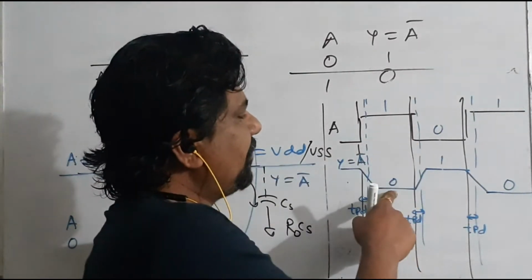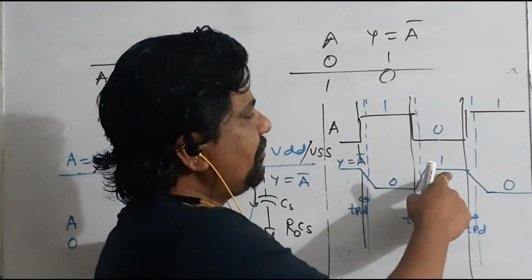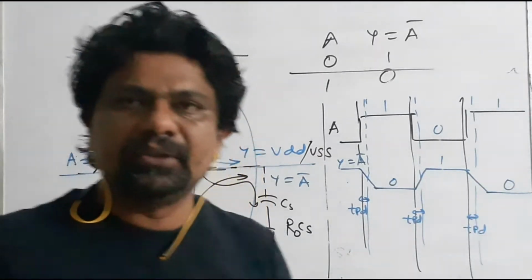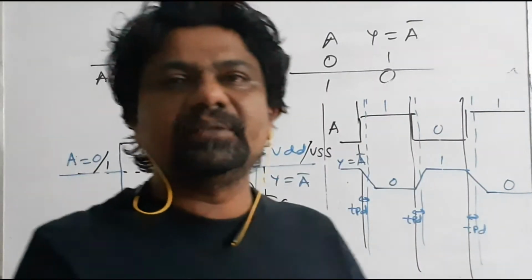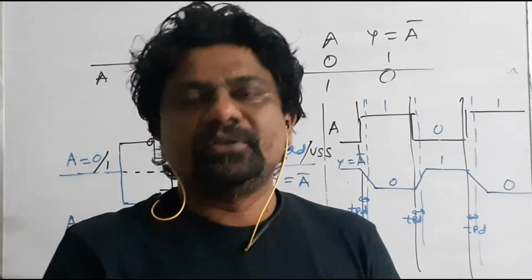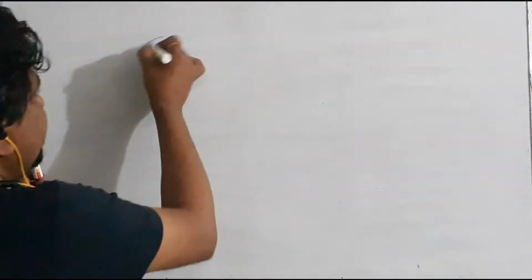So for 1, I am getting output as 0. For 0, I am getting output as 1. For 1, I am getting output as 0. Getting this point? So this is nothing but the CMOS NOT gate. In a similar way, we can design the CMOS NAND gate as well as the NOR gate. So let us do that. So now let us try to design the CMOS NAND gate.